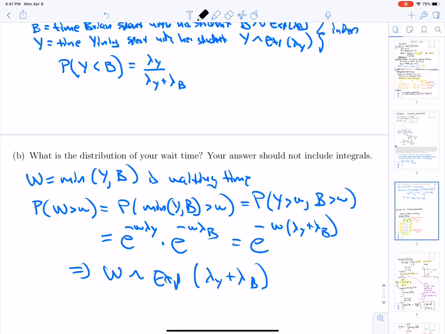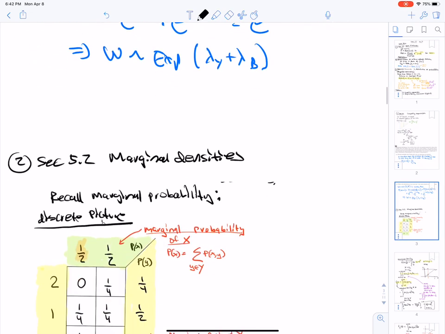So I've just written down the survival function for Y and B, and so I see that the survival function for W has constant lambda_y plus lambda_b and is exponential. So that is how you would do that.